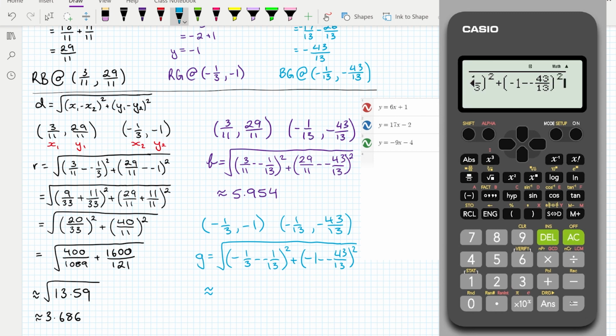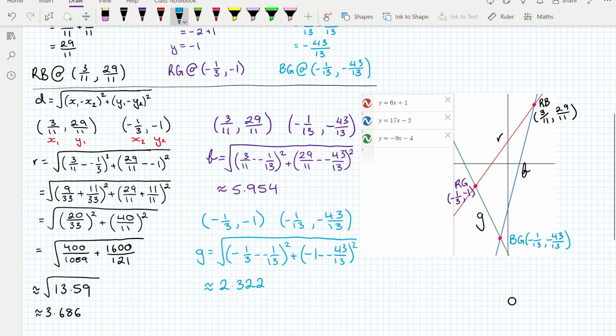Okay, and equals on that one, and we get 2.322. So that 1 needs to round up to a 2 because it's followed by an 8. So rounding to 3 decimal places, that's 2.322, approximately.